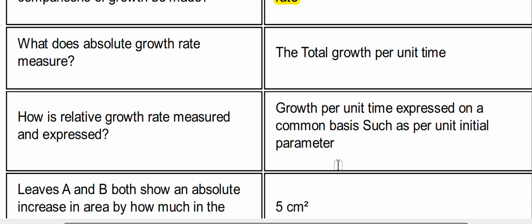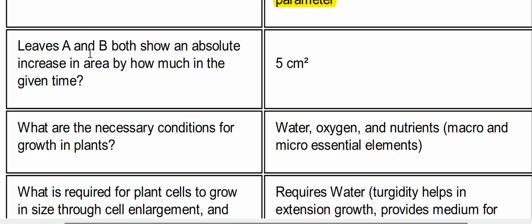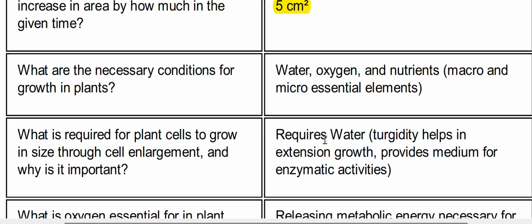Relative growth rate compares the initial parameters with the final parameters. Absolute growth means the total growth per unit time. For example, comparing A and B initially and after, we can see what the area difference is. What are the things necessary for growth?